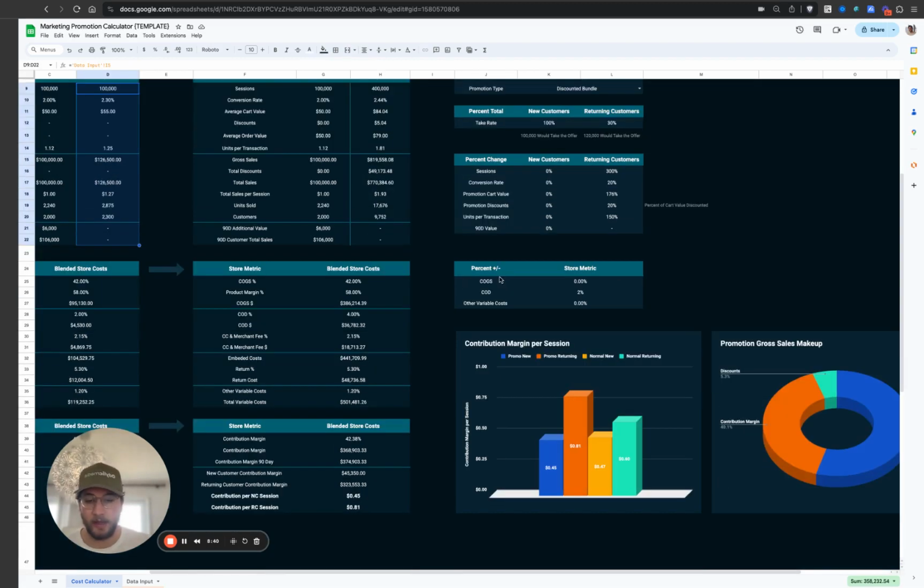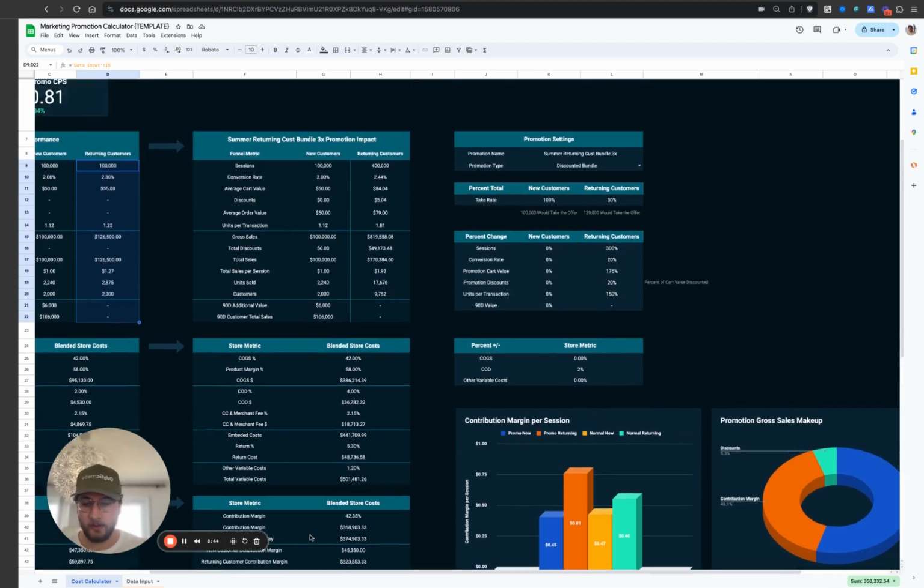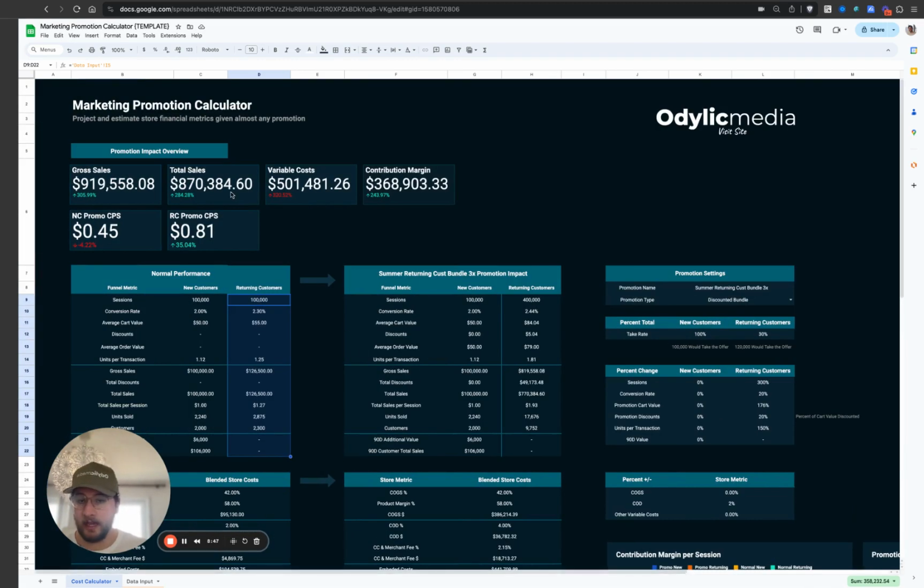All right, so all in all, how this promotion affects things, we're ultimately leaving with a little bit higher of a contribution margin here and certainly higher variable costs. 3x on gross sales, 2.8 on total sales, 3.2x increase on costs, pretty good increase on contribution. Our new customer promotion contribution margin per session goes down a little bit due to that higher cost of delivery.